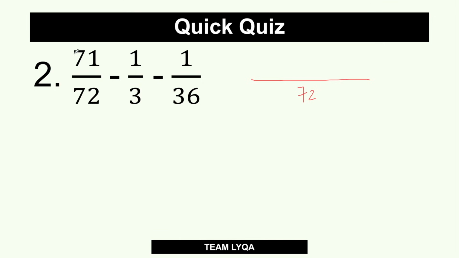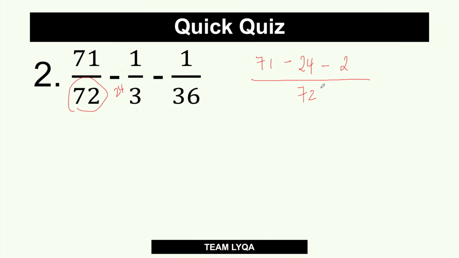So, ito, hindi na natin babaguhin yan kasi 72 na siya. So, kopya na lang. 71 minus, ito na ngayon, 72 divided by 3. So, you have 24. Times 1, that is 24, minus, kinokopya lang natin siya, right? Dahil ang 36 ay times 2 ang 72, so 72 divided by 36 is 2, times 1, that is 2, and then you just subtract across.